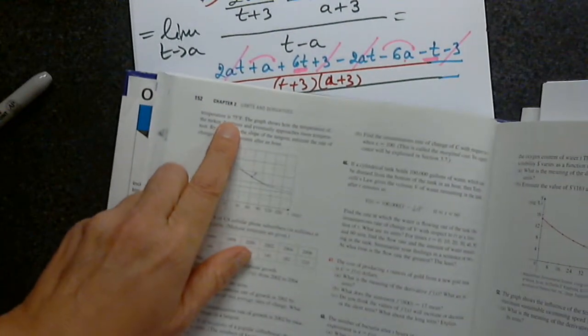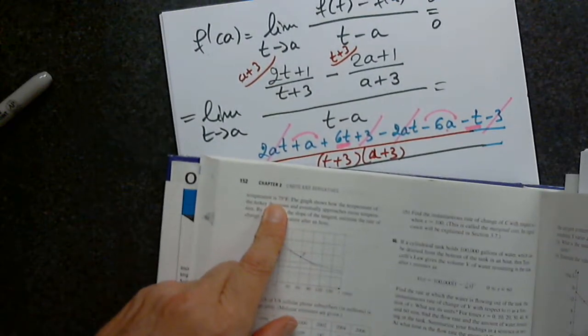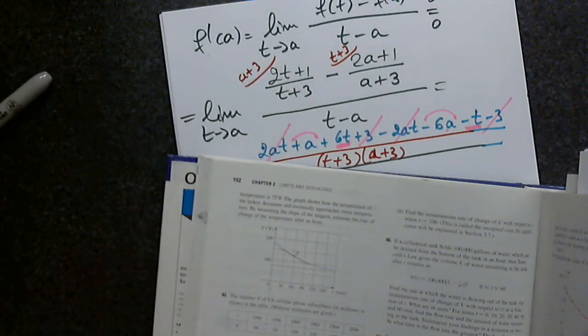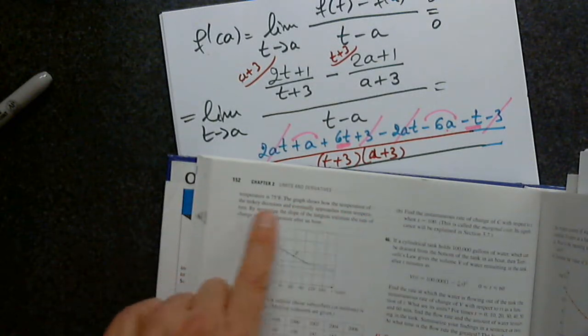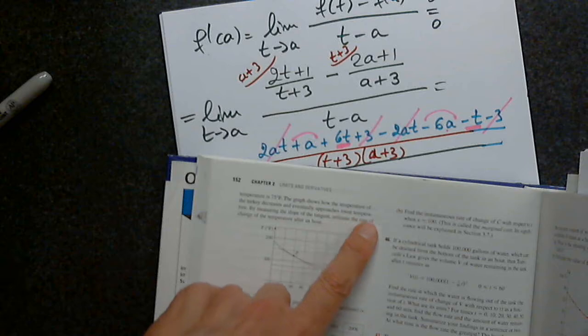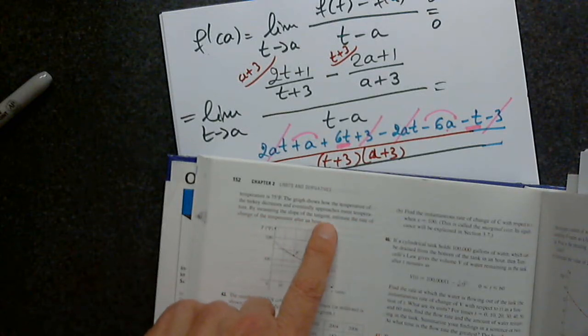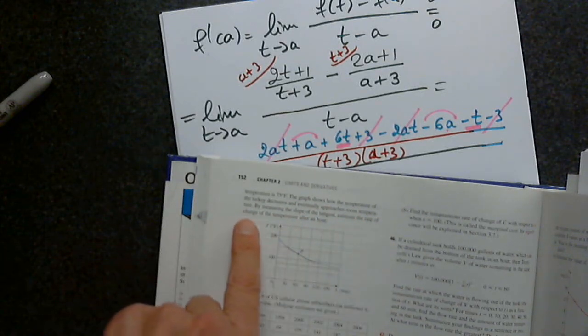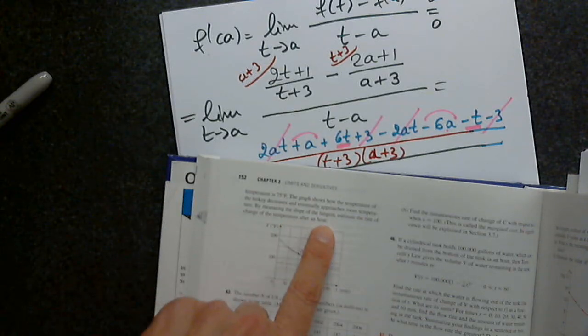A roast turkey is taken from an oven when its temperature has reached 185 degrees Fahrenheit and is placed on a table in a room where the temperature is 75 degrees. The graph shows how the temperature of the turkey decreases and eventually approaches room temperature. By measuring the slope of the tangent, estimate the rate of change of the temperature after an hour.